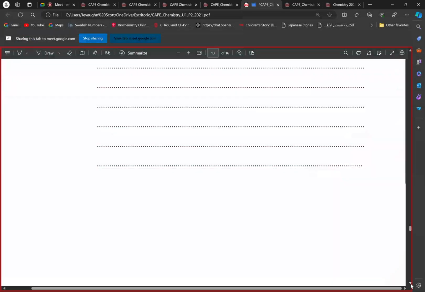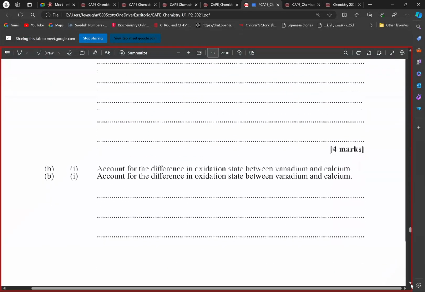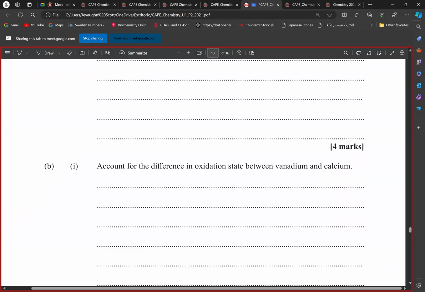4 marks generally. And there are a lot of things you could state about those. Account for a difference in oxidation state between vanadium and calcium.